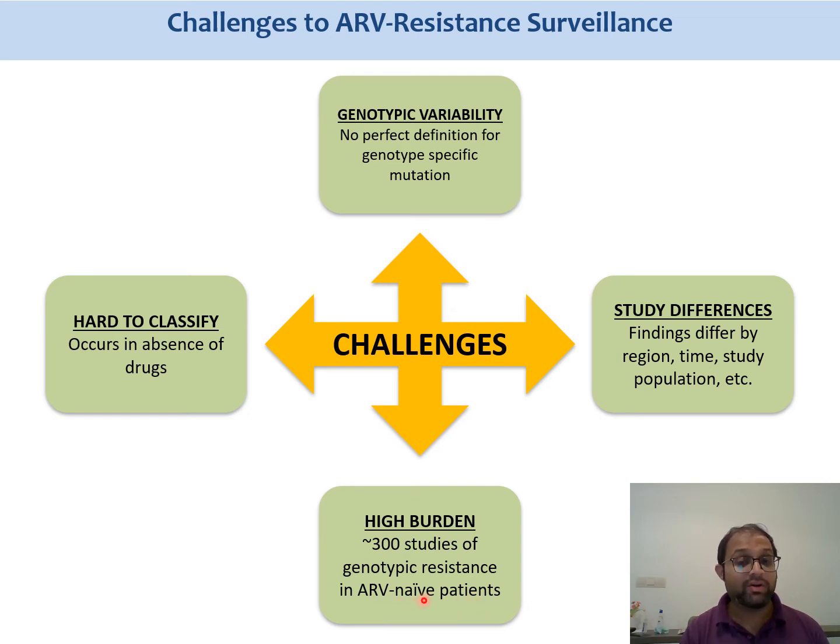So the burden of drug resistance mutation is quite high. These challenges are really important to consider while planning or executing a surveillance study, or considering a programmatic approach to implement resistance surveillance at a genomic level to go with the clinical monitoring of the patient.